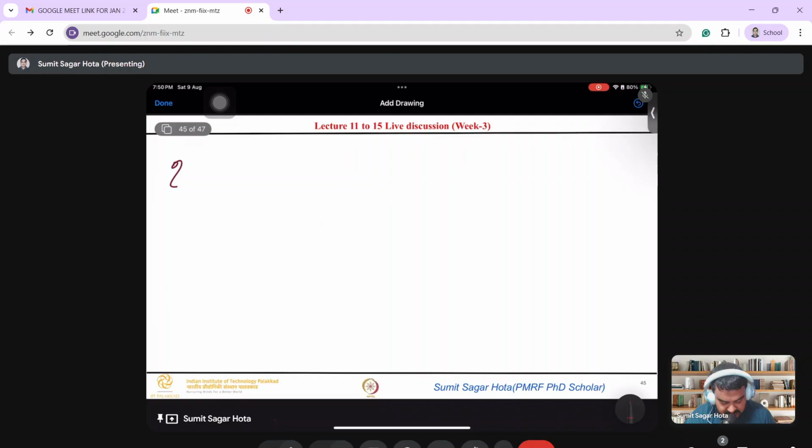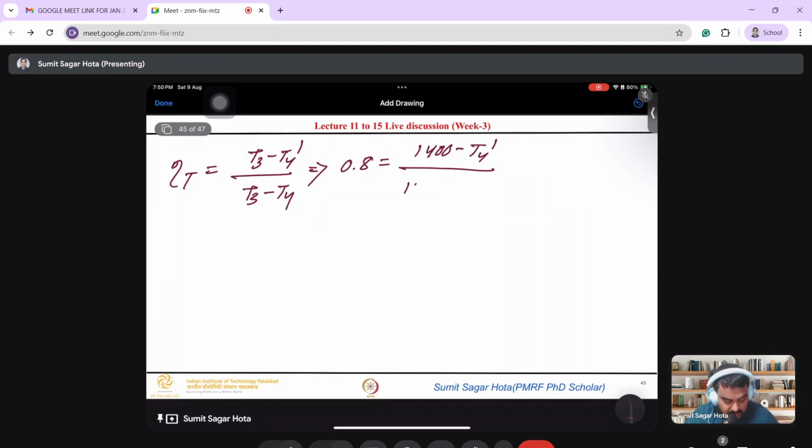So what is the efficiency of the gas turbine? The isentropic efficiency of the turbine is (T3 minus T4 dash) divided by (T3 minus T4), which is equal to 0.8, equal to (1400 minus T4 dash) divided by (1400 minus 772.8). When you solve it, you will get T4 dash as 898.3 Kelvin, and the turbine work as 501.712 kilojoule per kg.